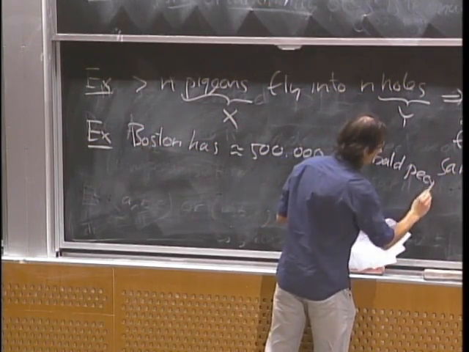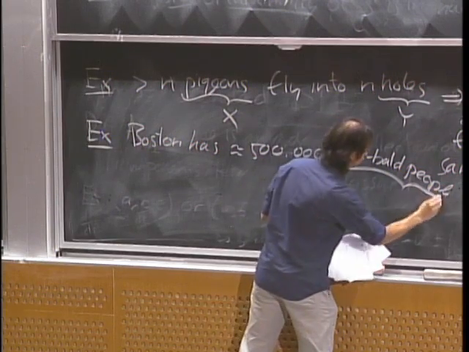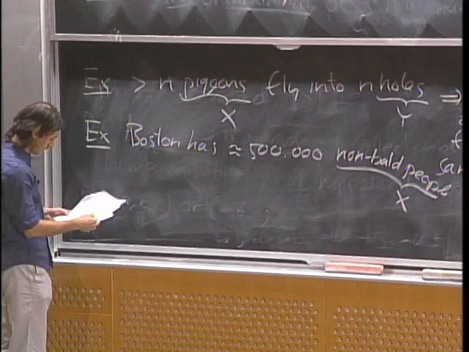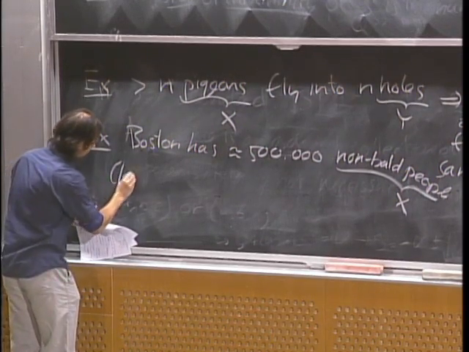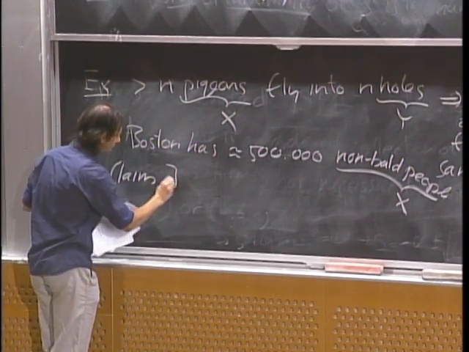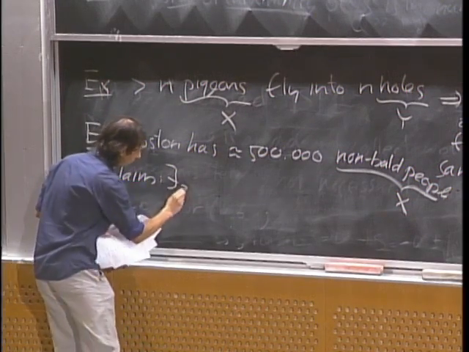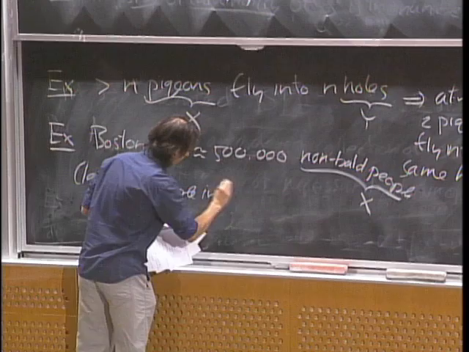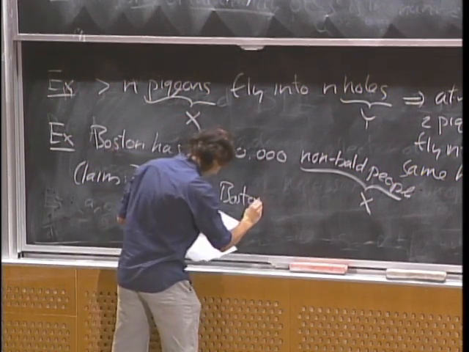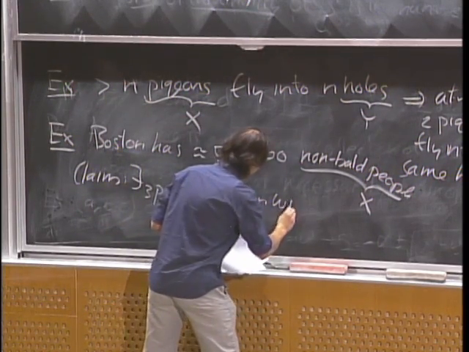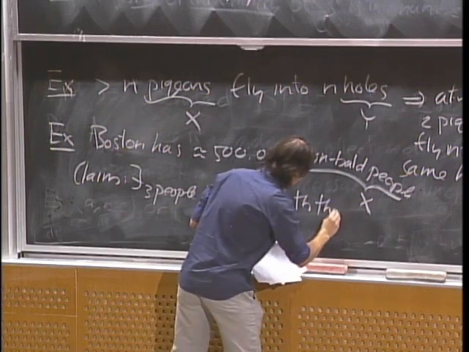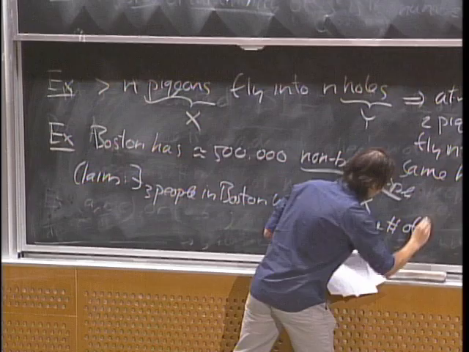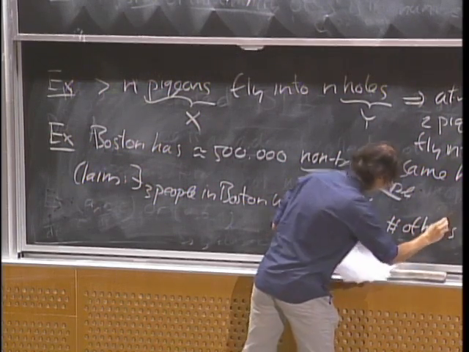And let's call this set X, because we're going to use the Pigeonhole Principle. So our claim is that there exist 3 people in Boston such that they have the same number of hairs on their head.